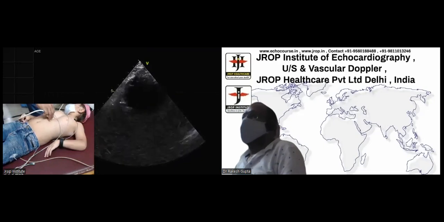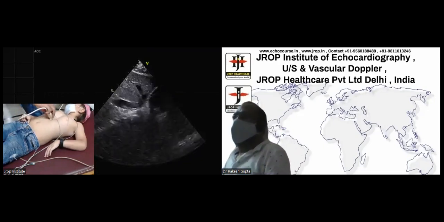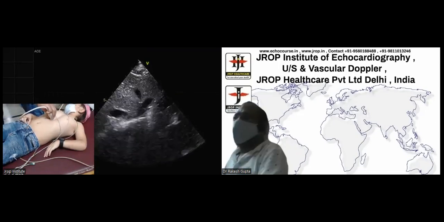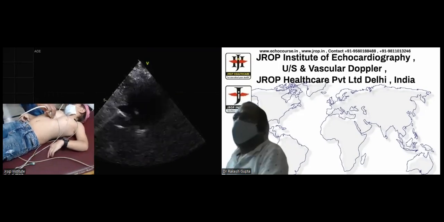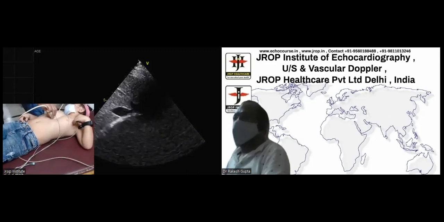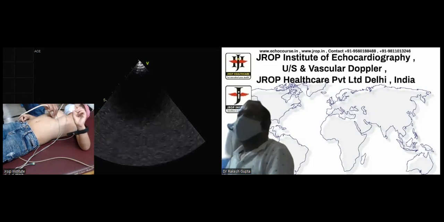Okay, then we go back to the subcostal window again. Look at my IVC and SVC. And where do I measure my IVC? At the junction. I have to measure my IVC from this place to this place, where the hepatic vein joins the IVC. To measure what?